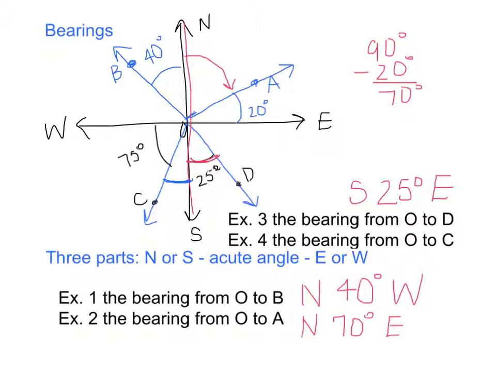So what you do is you do 90 degrees minus 75 degrees, and that'll leave us with 15 degrees. So when we describe O to C, you're going to say south 15 degrees, and we're going towards the west. And so that's how you describe the bearing.